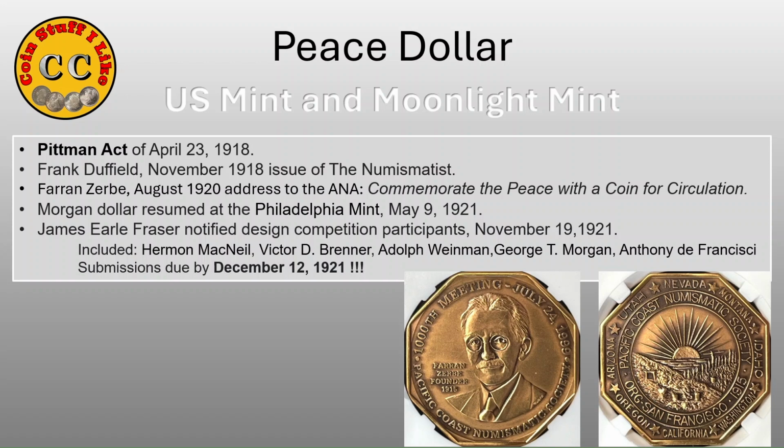The Pittman Act resulted in the melting of about 47% of the historic Morgan dollar mintage. So a lot of silver dollars were melted, and that contributed to survival rates that we see here today.